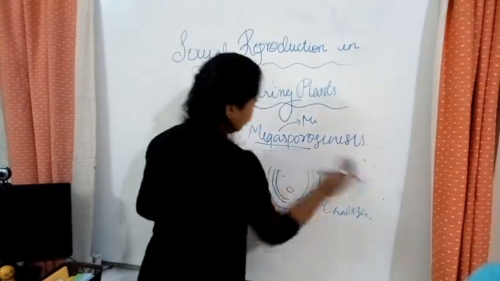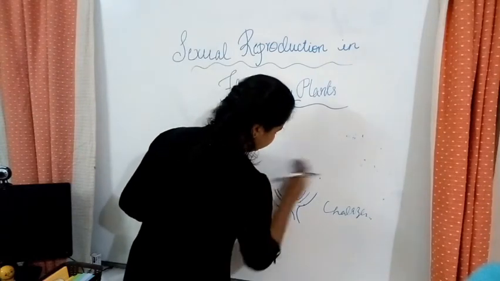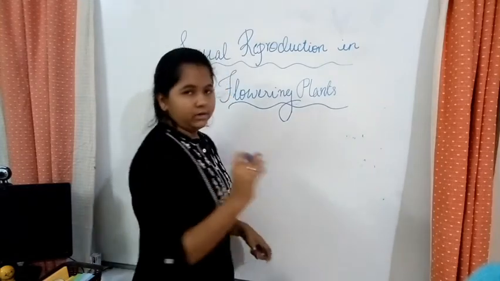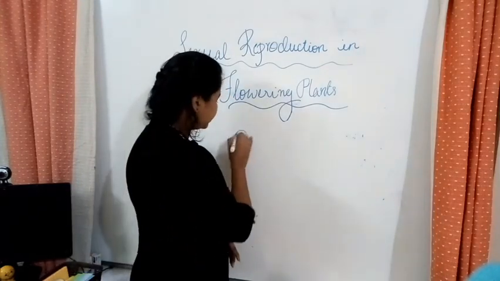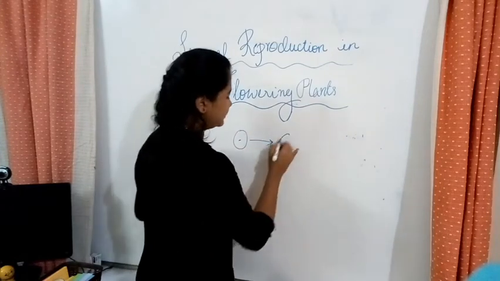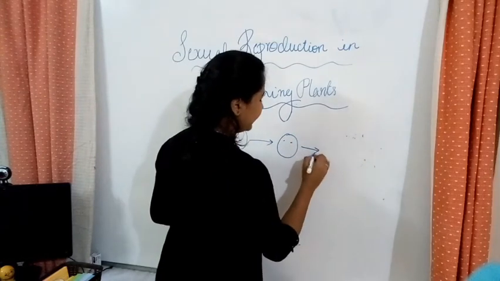So next is the gamete formation from the megaspore. Out of the 4, 3 of them degenerate, and the one left is over here. This will undergo mitosis and split into 2.